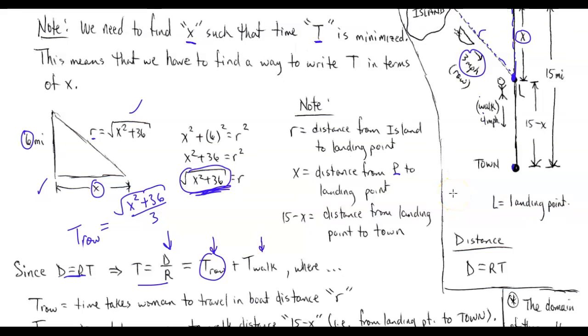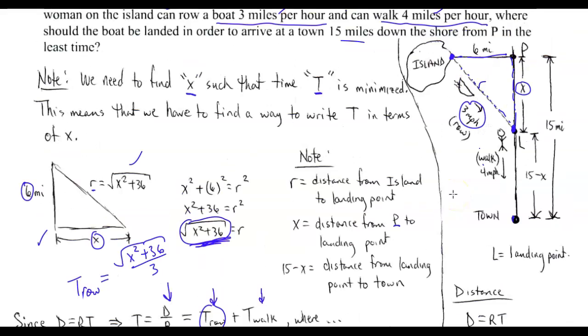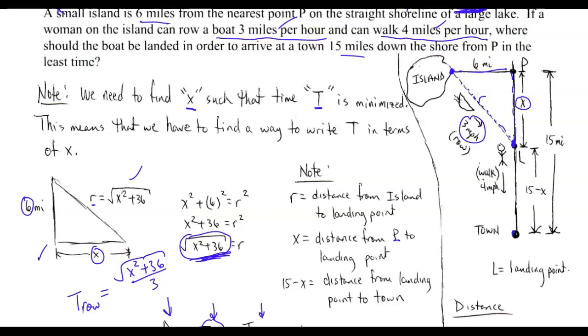Now, if we do the same thing by walking, I'm going to erase this again. Of course, the total distance that she has to walk, if she's walking, is going to be this 15 miles. Okay. And we know that her rate of walking is going to be 4 miles per hour, right?